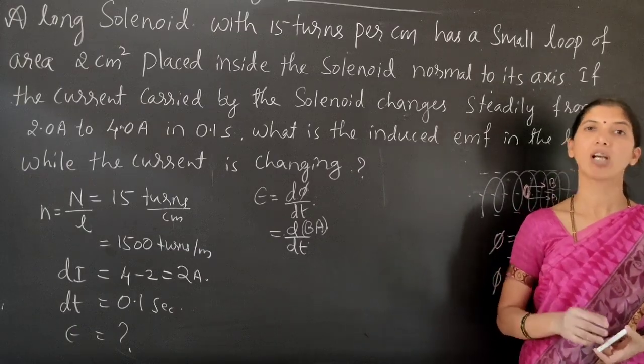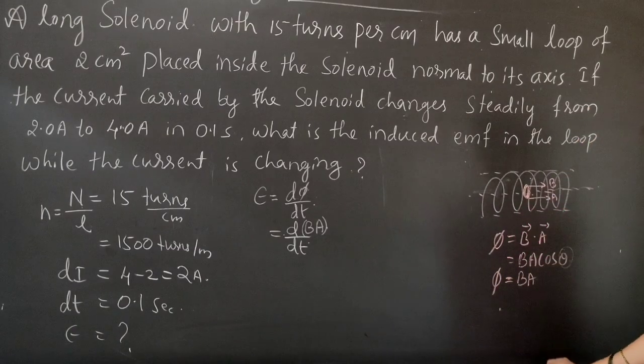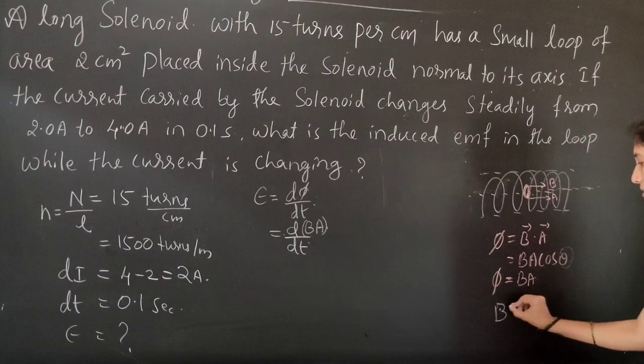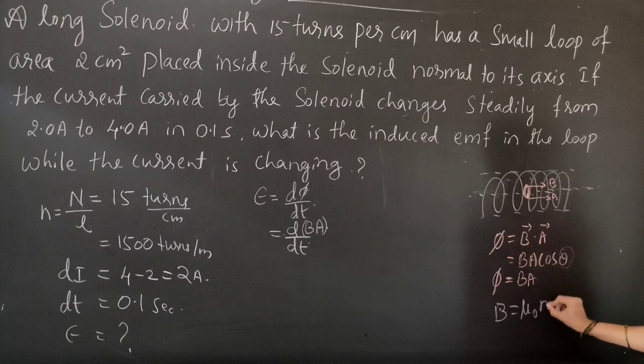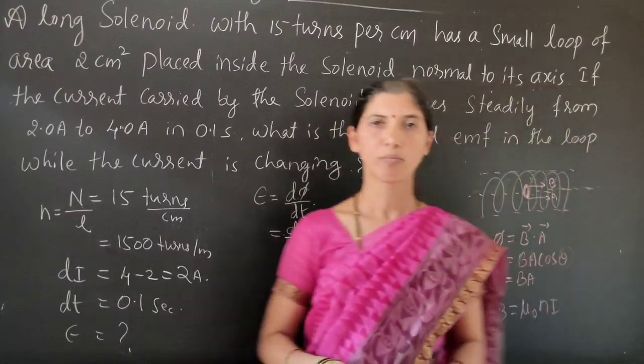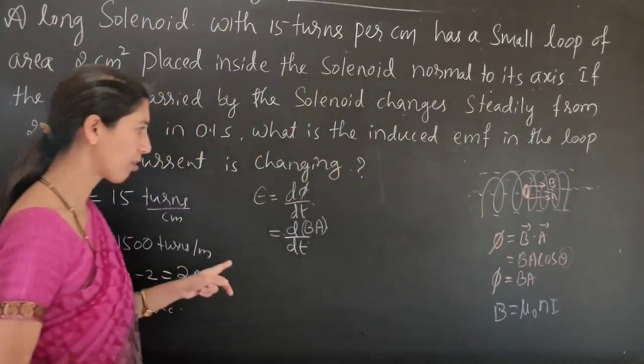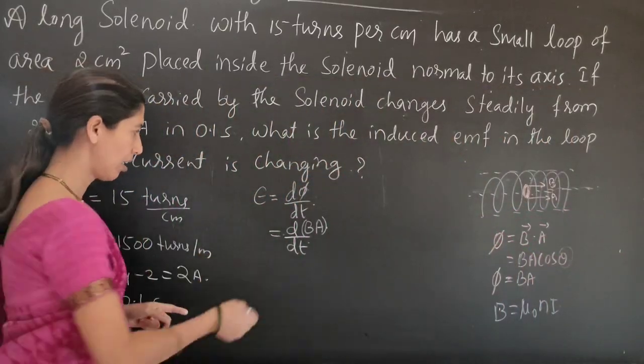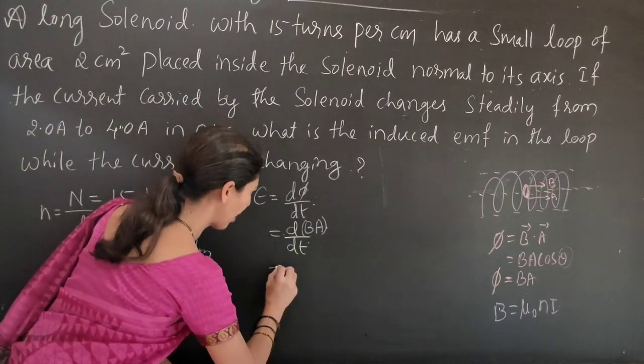But here the B value we don't know, and you know another formula: B is equal to mu naught n I. In this chapter only we have studied that B is equal to mu naught n I. Therefore substitute this value here.